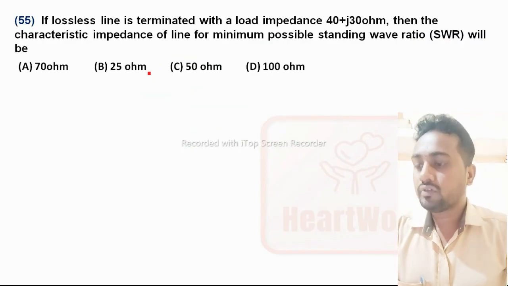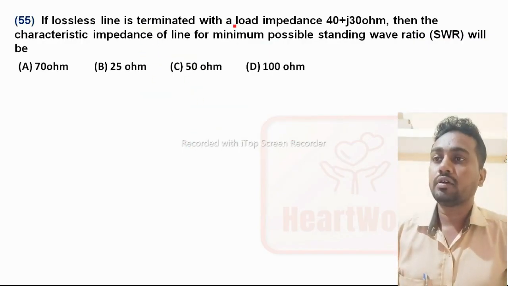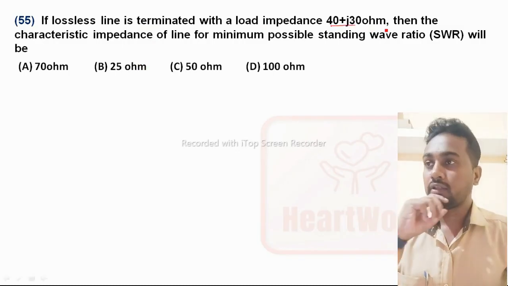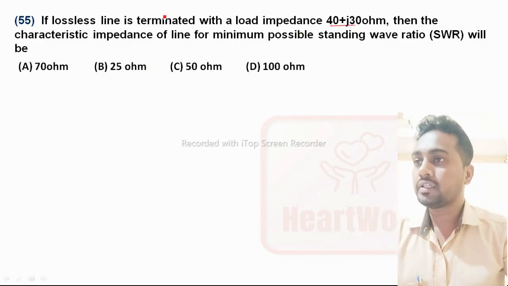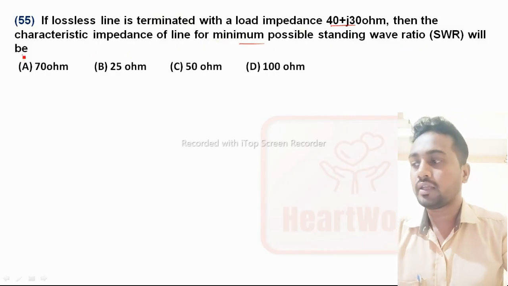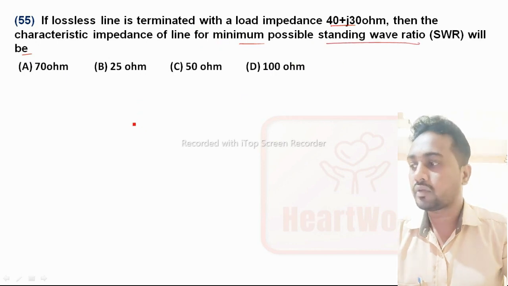Next, a lossless line is terminated with a load impedance of 40 plus j30 ohm. What will be the characteristic impedance of the line for the minimum possible standing wave ratio, SWR? SWR means standing wave ratio.